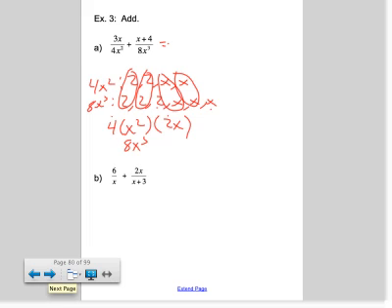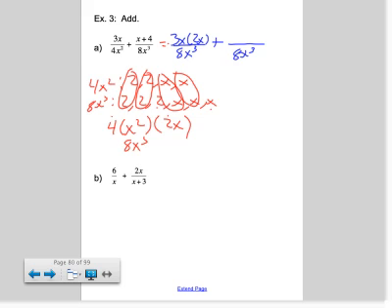Let me grab a different color here. So my denominator is going to be 8x to the third plus 8x to the third. So I ask myself, what do I have to multiply 4x squared by to get 8x to the third, and that's 2x. So if I multiply the bottom by 2x, I have to multiply the top by 2x.